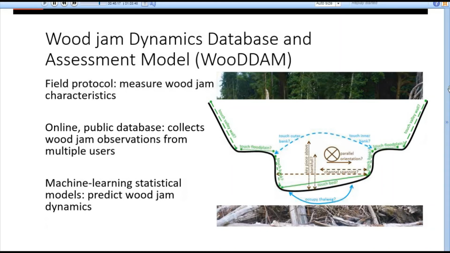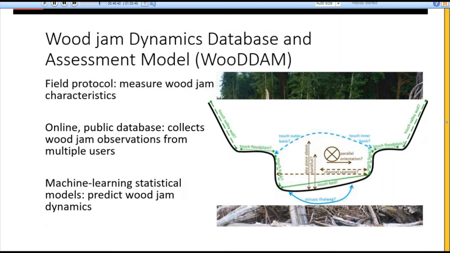The other reason I've talked about reproducibility is because I would argue that wood jams are so complex and so dynamic that a single research team or a single management agency couldn't go out and collect enough data on wood jams to describe their dynamics and really build a comprehensive understanding of how wood jams change through time.